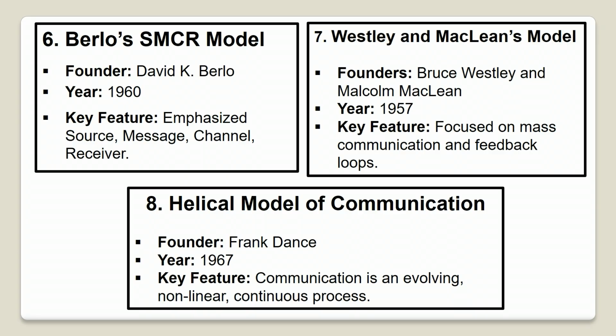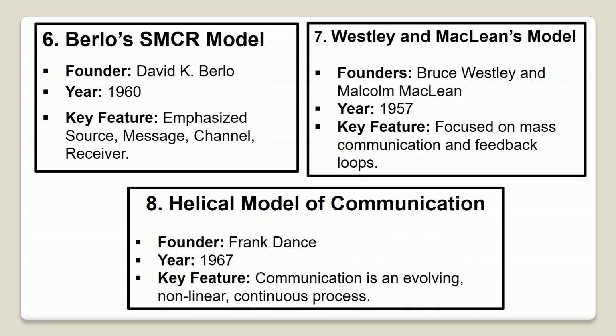It was developed in 1960, and the key features of this model are that it emphasized source, message, channel and receiver, so they fixed this particular model in 4 elements. They are the SMCR: source, message, channel and receiver.